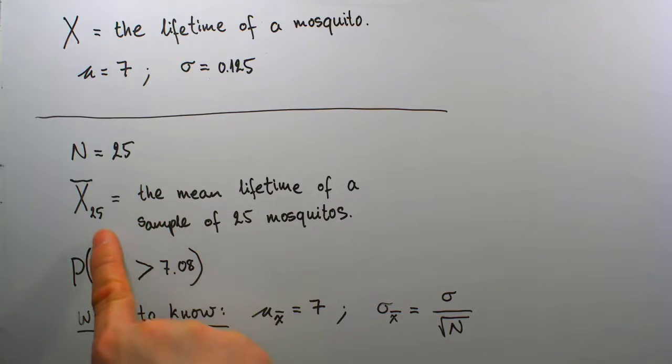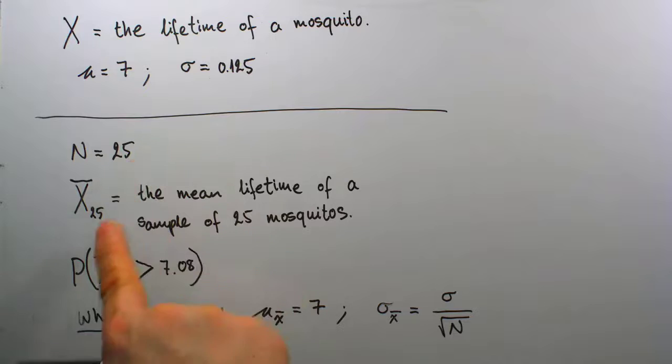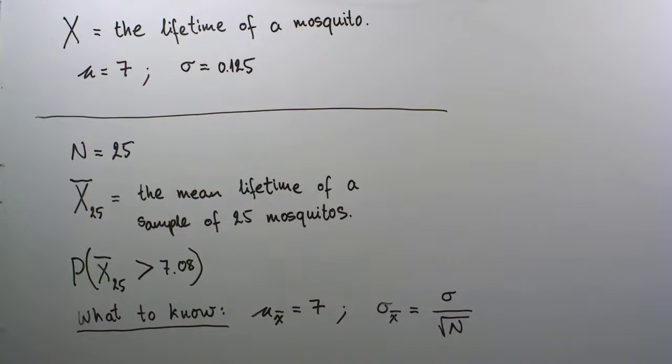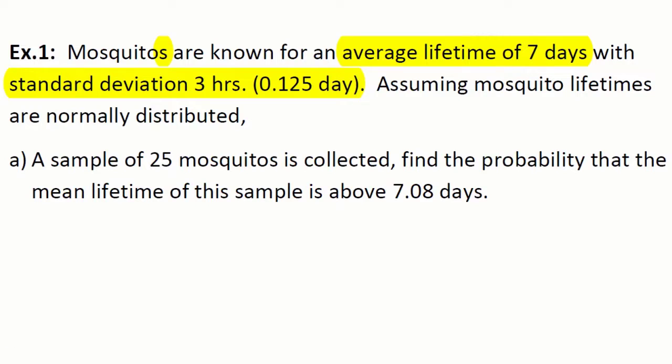So once again, I know that our sample size here is 25 simply because back in the reading of the problem, it says a sample of 25 mosquitoes is collected. Collected from where? From our beginning population here. But our sample here is only 25 mosquitoes, and that means it belongs to an entire population of all samples where each sample is only 25 mosquitoes.